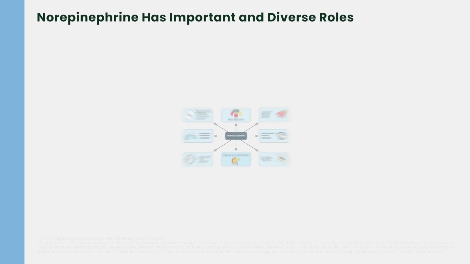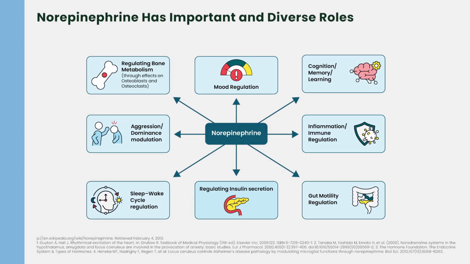First thing to remember is norepinephrine is really a neurotransmitter that lives in both mind and the body. For example, as you look at the slide, clearly we've been educated on its role in mood regulation, but we cannot afford to forget it's also deeply involved in cognition, memory, learning. In fact, it has a prominent role to play in inflammation.